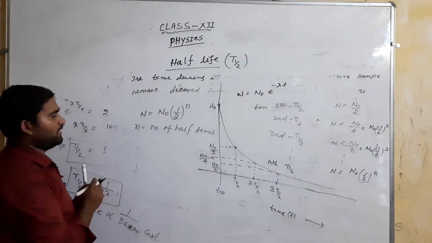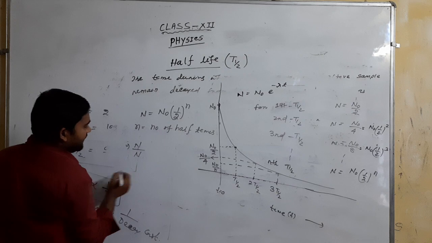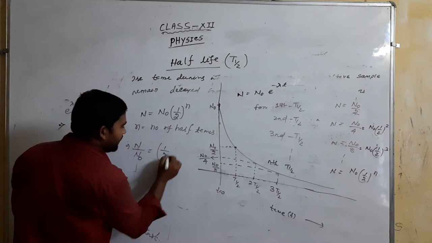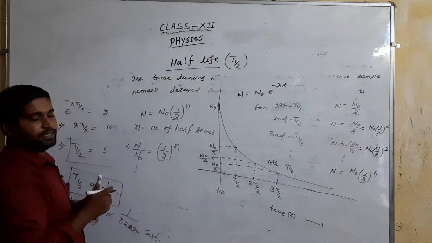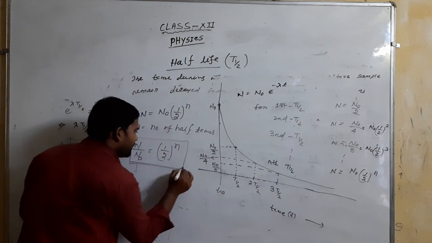Another way we can write it is N by N0 equals 1 by 2 power n. This is very important.